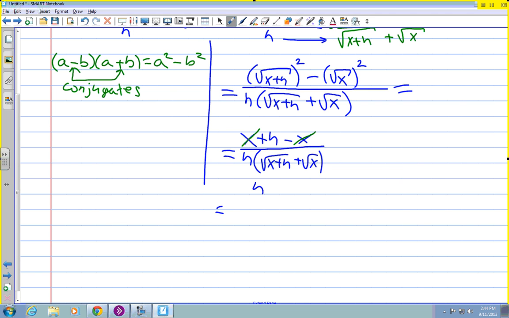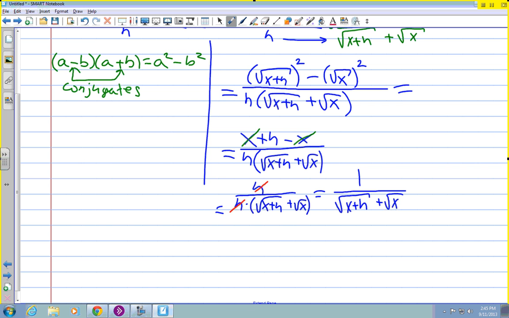We're left with h over h times all that, so I can cross out the h. And now we're happy. It's 1 over the square root of x plus h plus square root of x. I got another h in the denominator, but it's okay, because if h is 0, I don't get 0 in the denominator.